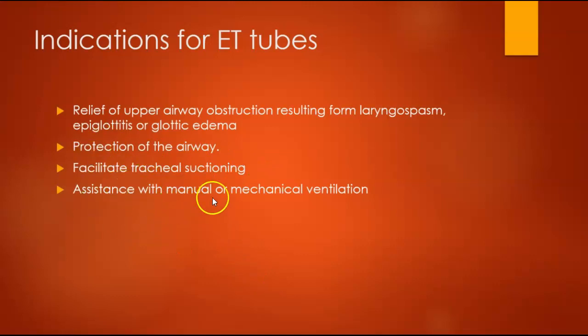And then the primary reason we do this is to assist with manual or mechanical ventilation. So if a patient's not breathing adequately on their own, I'm going to have to support that. So I need to have an airway in place, like an ET tube, so I can hook the patient up to our mechanical ventilators and help support their breathing.